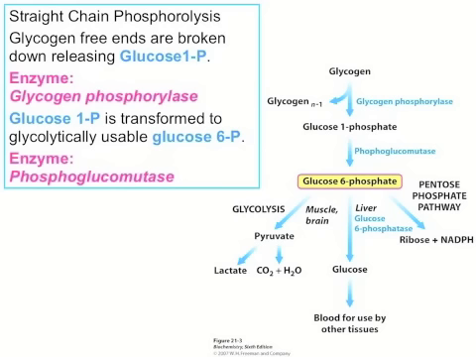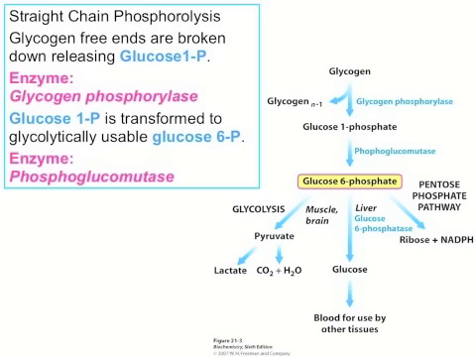And so this process is called phosphorolysis. It's because we're using phosphate to break a covalent linkage. This is similar to what we see with hydrolysis, only instead of water, we're using a phosphate. The product of this reaction is glucose 1-phosphate and a polymer reduced in length by 1 glucosyl unit.